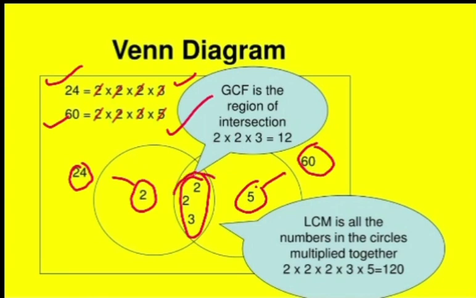Here 2, 2, 3 are common factors for both 24 and 60. So, HCF is this common part, and the union of all these numbers is said to be LCM.